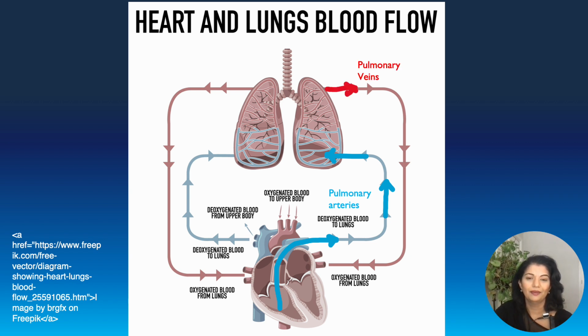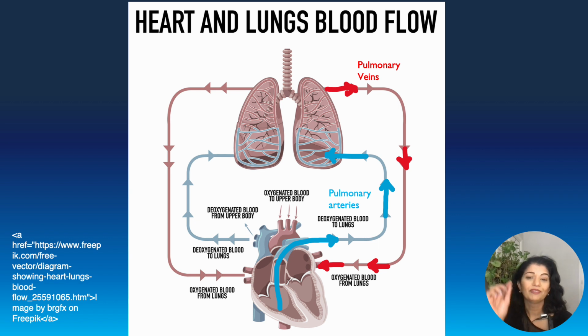So here we go. We are carrying it out of the lungs, oxygen-rich blood through the pulmonary veins, and there we go, into the left side of the heart, left atrium, left ventricle, and then it's pumped to the rest of the body to deliver oxygen and nutrients. So this is the cycle that continues and keeps your body energized and your organs alive.